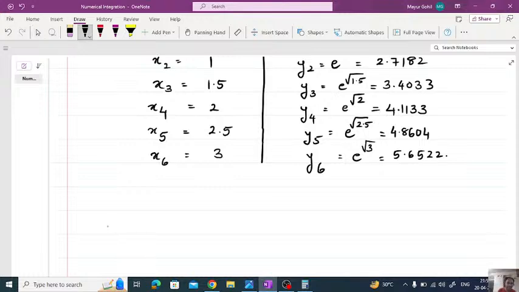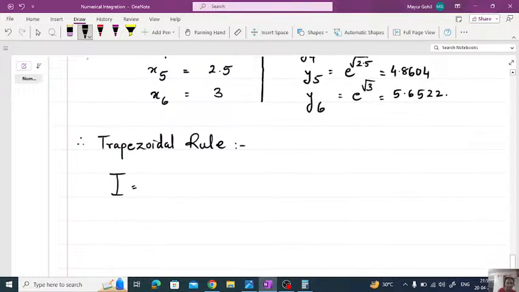Therefore, for trapezoidal rule, we will write I equal to h upon 2, and then here you write y0 plus yn plus 2 times the remaining ones.